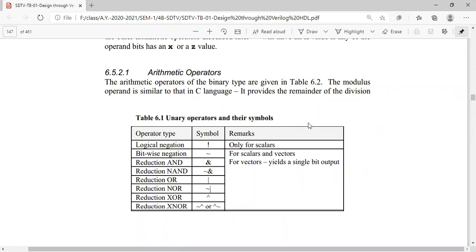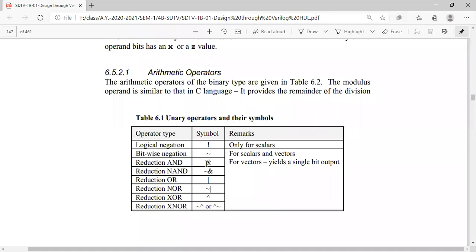If you have 4 bits, that is 3 down to 0, it will perform the operation between the bits. If your input value is A and you write reduction AND of A, it takes the least significant bit and the bit next to it on the left. It performs the AND operation between those 2 bits and you get a result, and that result is then combined with the next bit to the left.